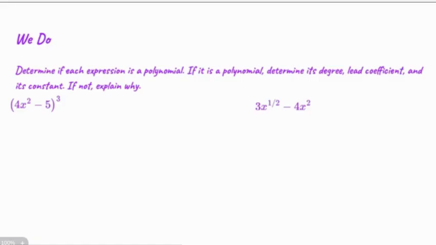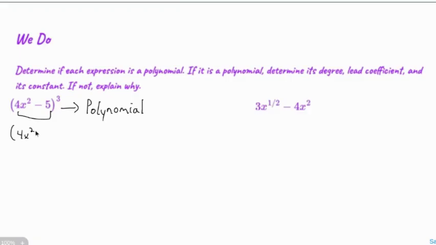All right, first one. Is this a polynomial? And yes, it is. This is a polynomial. Now, we have to be careful with how we identify the degree. Because we have this binomial here, we'd have to expand it.